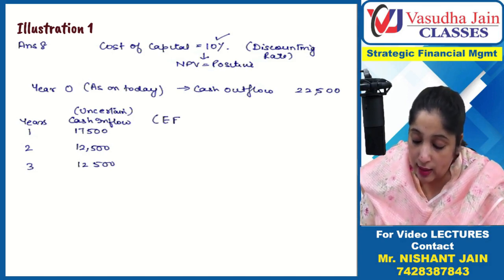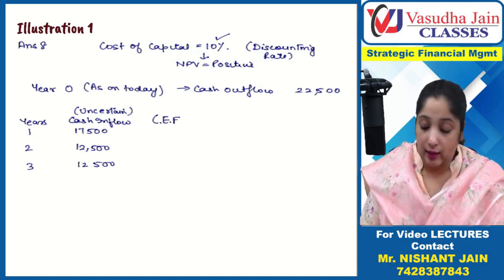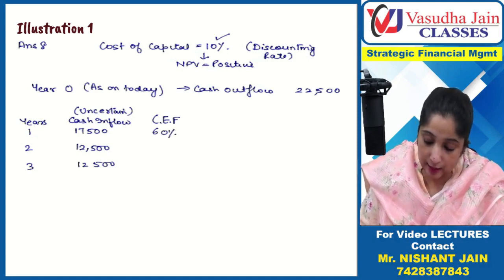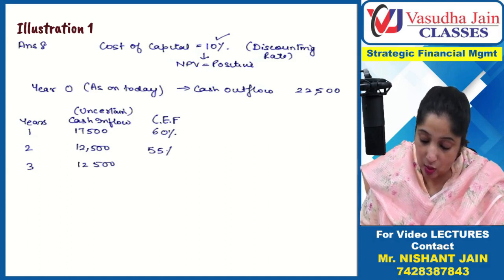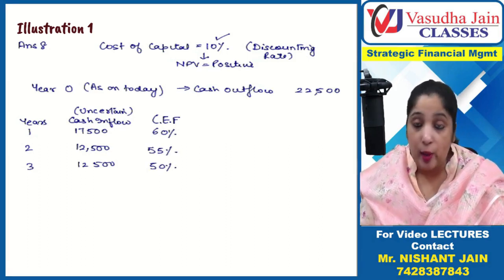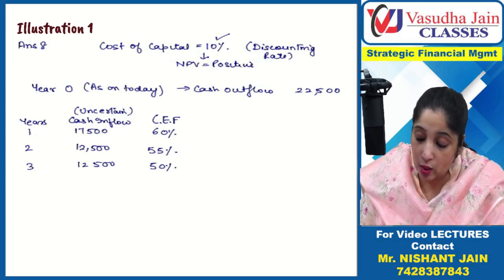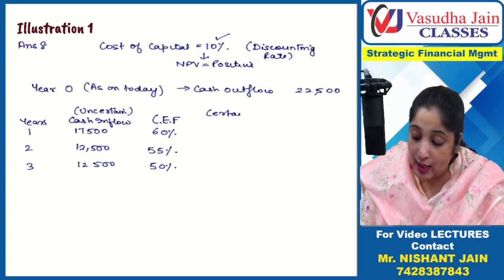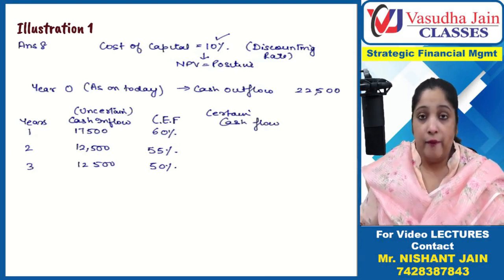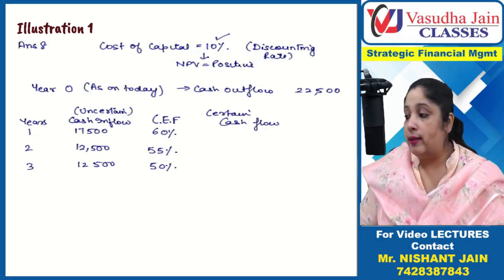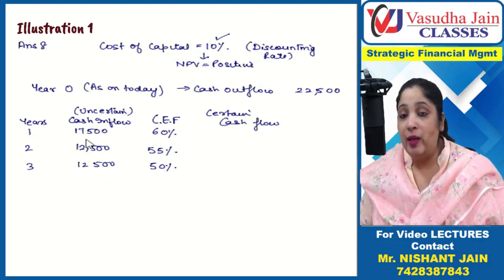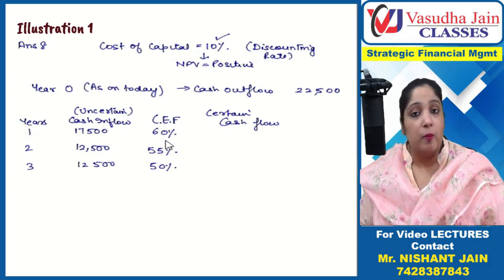First of all, let us write the certainty equivalent factor. In the question, it is given as 60%, 55%, 50%. Either they will write percentage or they will write 0.60, 0.55, 0.50. Now, we are going to compute certain cash flows. If you include the uncertainties, this is the cash flow you might get. But with certainty, you will definitely get 60% of it.